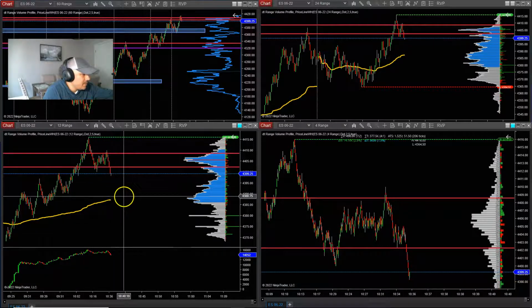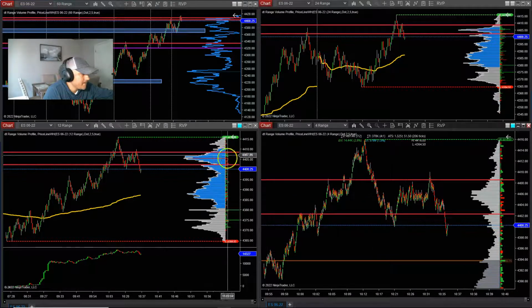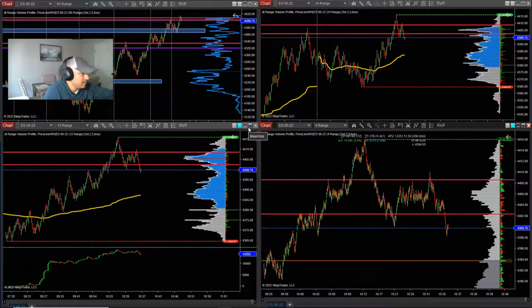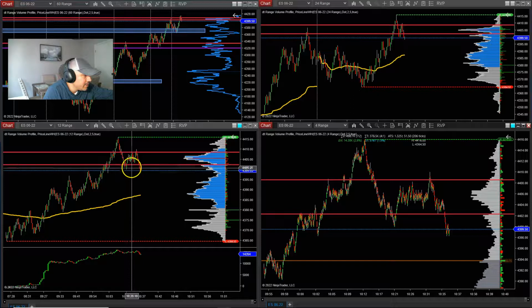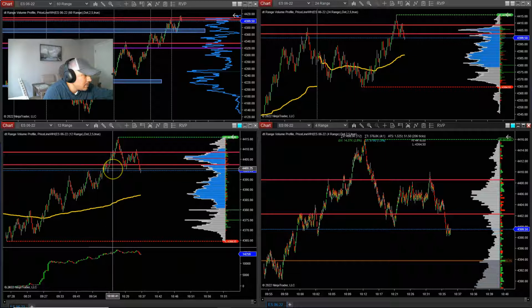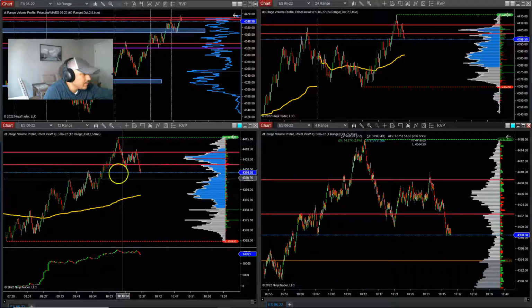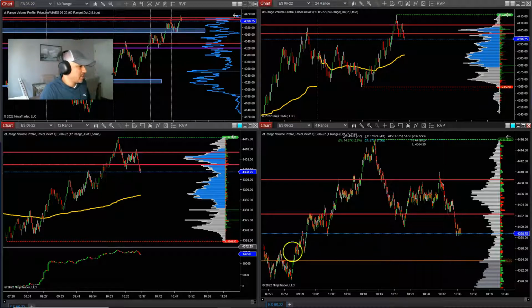Let's see. Gotta be careful here. We're in a low volume area on a 12 range chart right here.